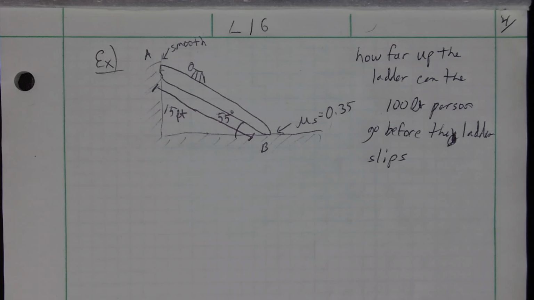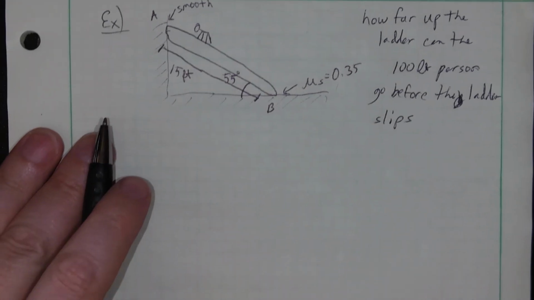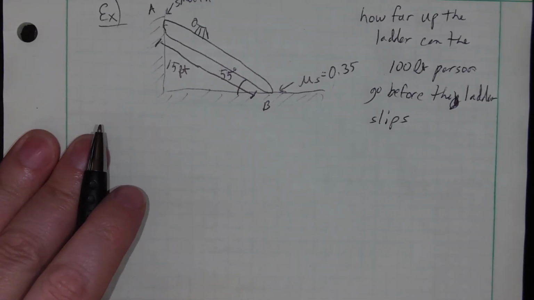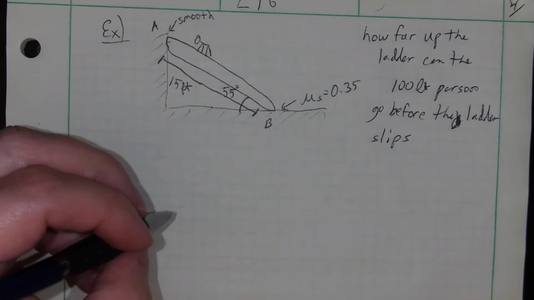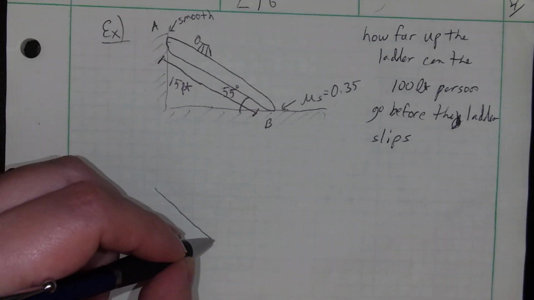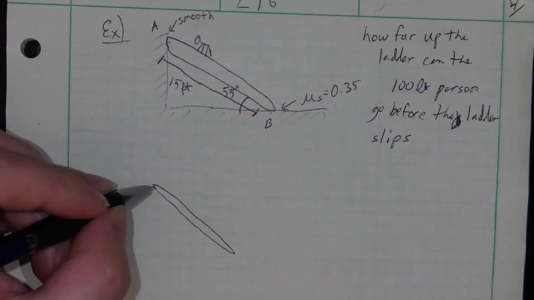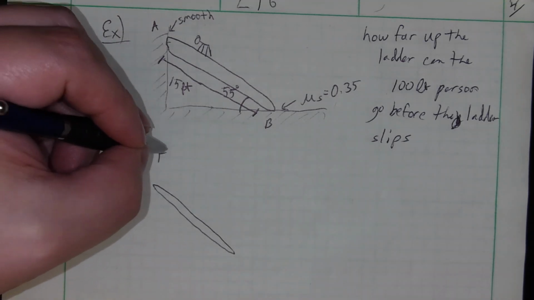Well, looking for a distance. It's going to be involving forces. Anytime it's involving forces and looks like an equilibrium type problem, that means we're going to use equilibrium equations.